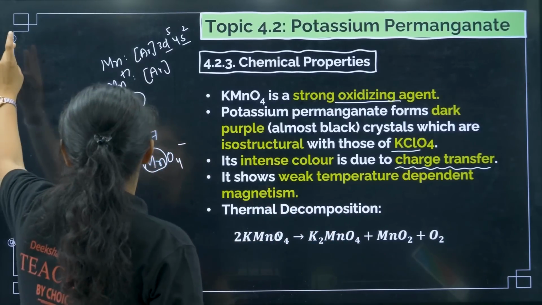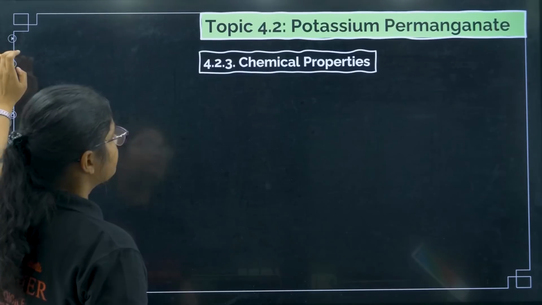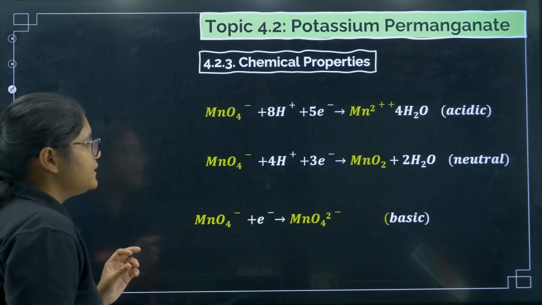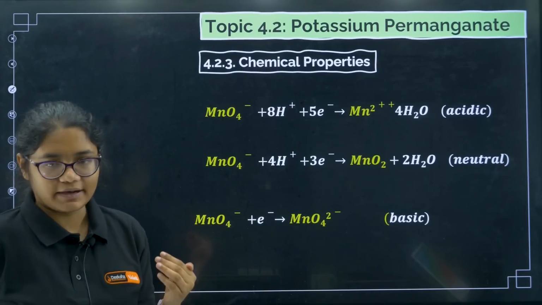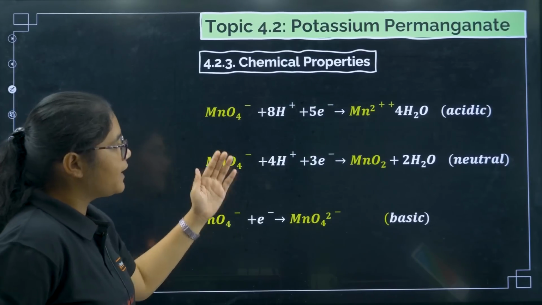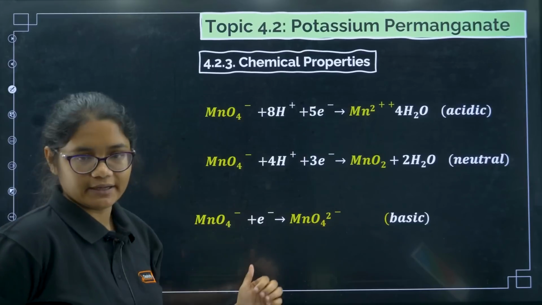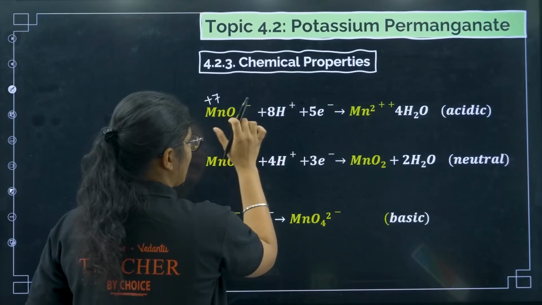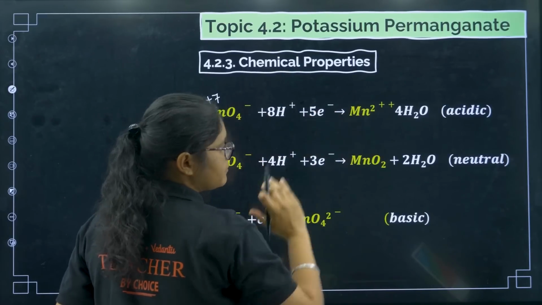Okay, fine. Next, if we move towards the chemical properties, this is very important. Here permanganate ions can behave differently in different medium. So first of all, in your acidic medium, permanganate ion gets converted from +7 to +2.